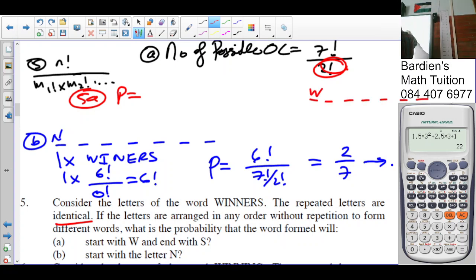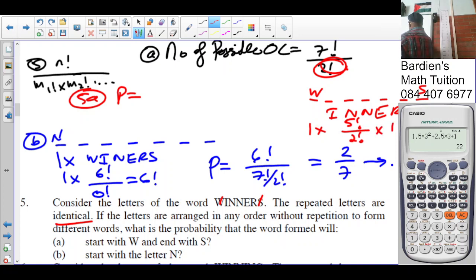Start with a W and end with an S, so we are left with 1, 2, 3, 4, 5. So it will be 1 times 5 factorial over 2 factorial for the repeated letters, times 1. Okay.